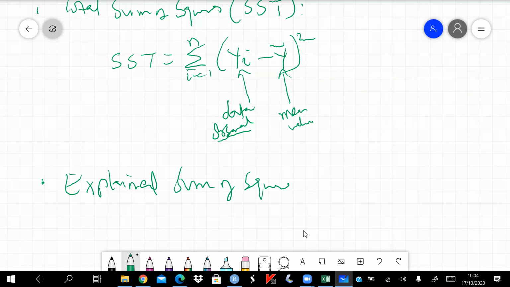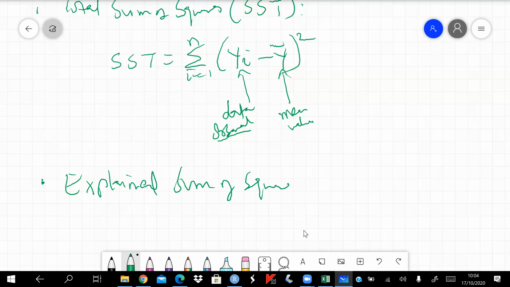This is the estimated or the fitted value of y, the predicted value of y. Then of course this is the mean of y. So that gives you what we call the explained sum of squares.